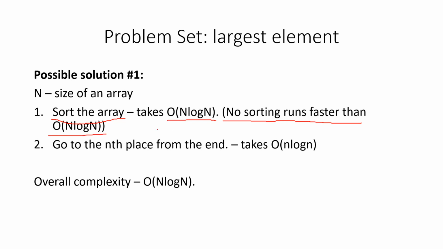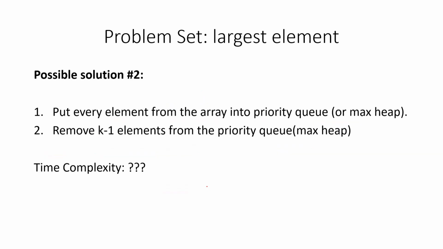That's why by default, when we say sorting, we assume that sorting takes this time complexity. And the second step is we go to the kth place. It also takes n log n time complexity. Overall time complexity is n log n. This is the first approach to solve this problem.